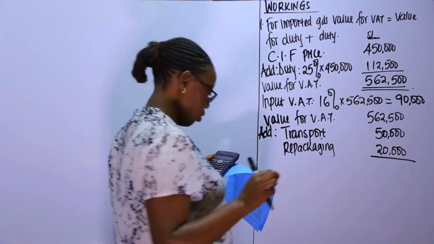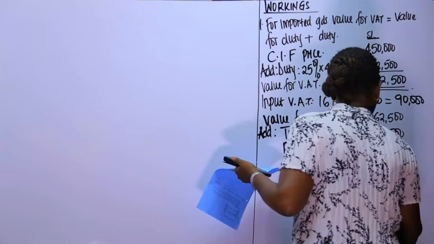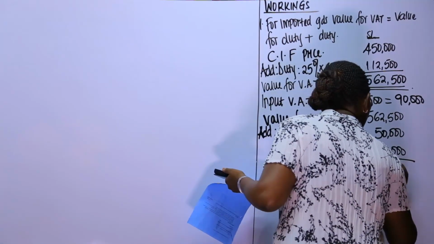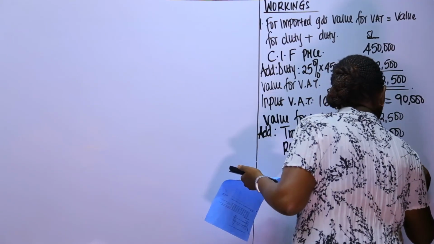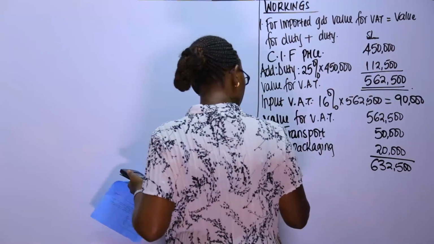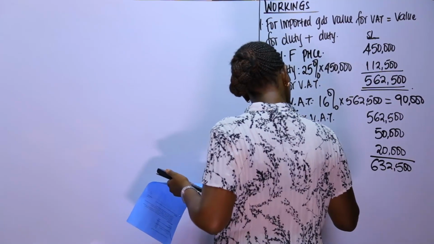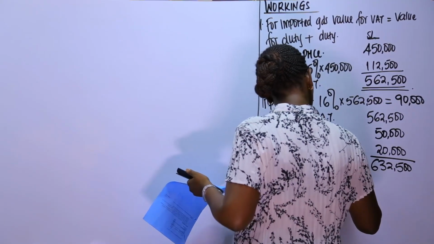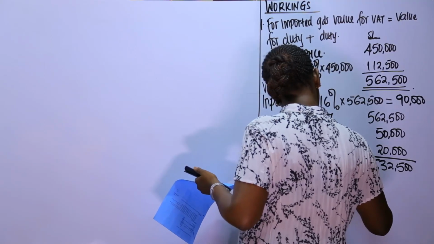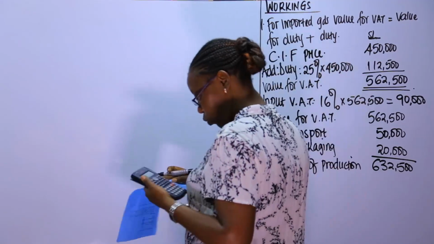He has incurred a total of 632,500 shillings. This is the total cost of production. We continue with note 1.